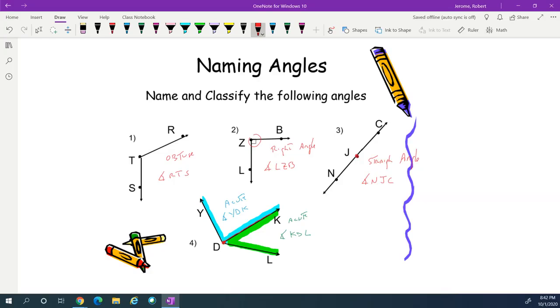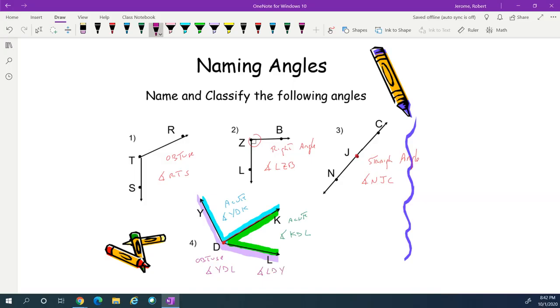But finally, just to finish this question, we also have this big angle, angle YDL. So we have this obtuse angle, angle YDL. And of course, we could have named it LDY.